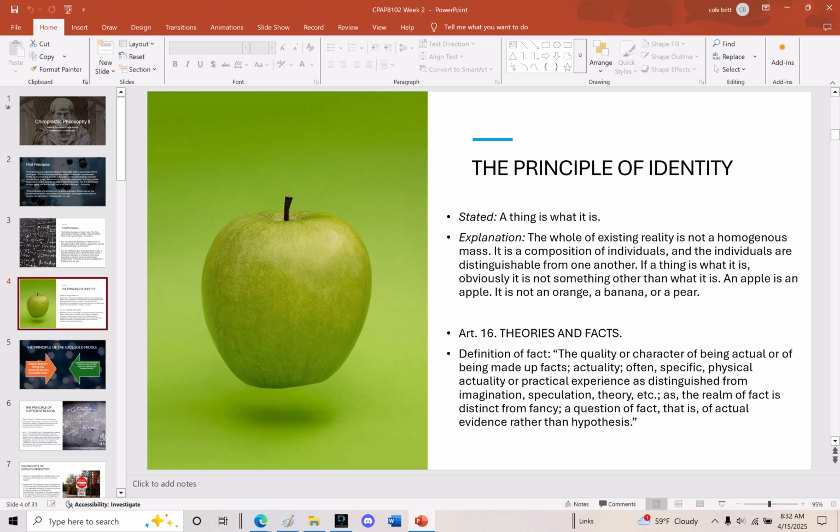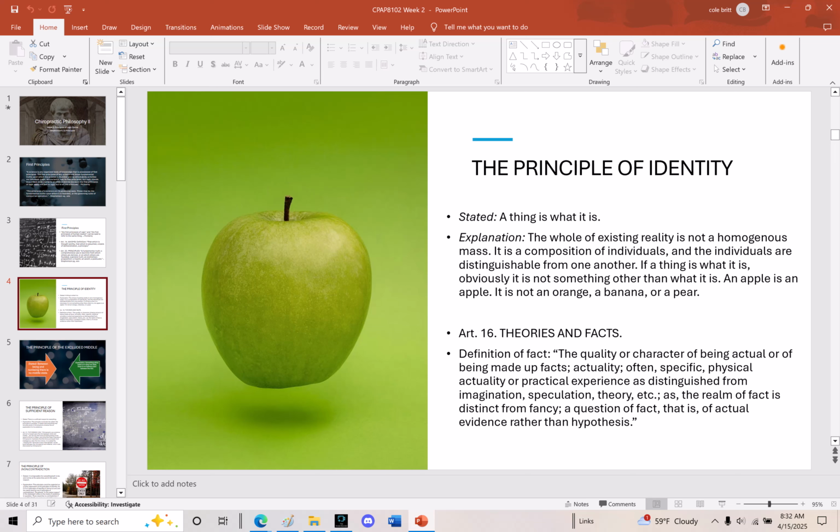Okay? I'm going to try to parse this out. Here's the explanation. The whole of existing reality, that means everything that we could possibly experience, is not a homogeneous mass. It's not all just the same exact thing. It's composed of individuals, and the individuals are distinguishable from one another. If a thing is what it is, obviously, it is not something other than what it is.